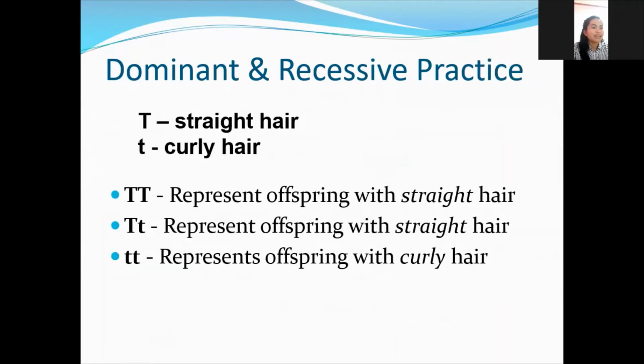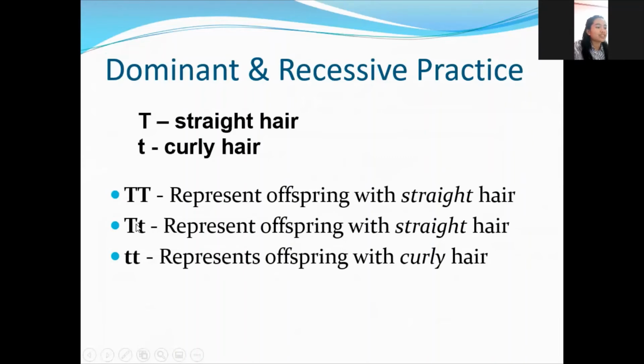Okay, so let's take this as an example and practice as well. So we have here a capital letter T and capital letter T, which represents straight hair. Okay, so my hair is not straight. Okay, we also have here capital letter T, small letter t. Tingnan natin dito, capital letter T and small letter t. So meron pa rin yung isang capital letter T. Ibig sabihin that is still a straight hair.